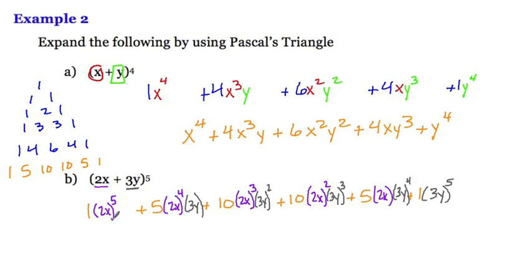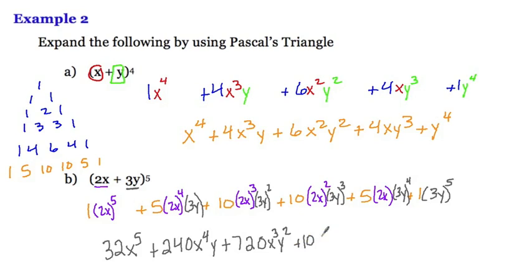So 2 to the 5th would give you 32 x to the 5th. 2 to the 4th times 3 times 5 would give you 240 x to the 4th y. 10 times 2 cubed times 3 squared would give you 720 x cubed y squared. 10 times 2 squared times 3 cubed would give you a nice big number of 1080 x squared y cubed.